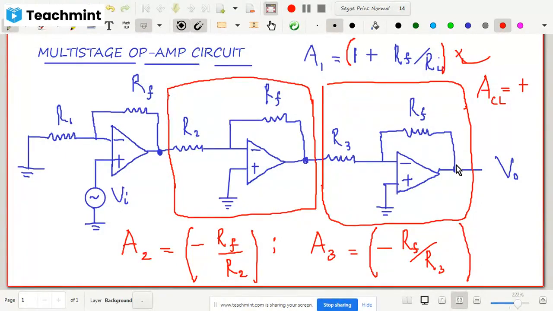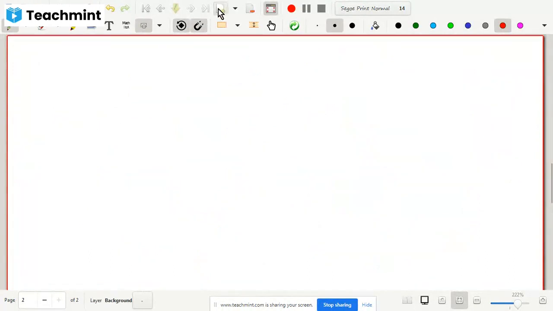So we have come to the end of the inverting and non-inverting amplifier. Now we will go to a different application, and this application is an important one, that is the summing amplifier. Now we will see how an operational amplifier can be used as a summer.